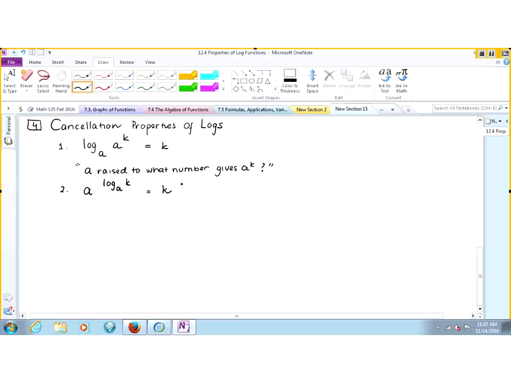This is an exponent, so you have to rewrite it using log. So these two are the two properties. Now the second cancellation property is used for solving log equations.